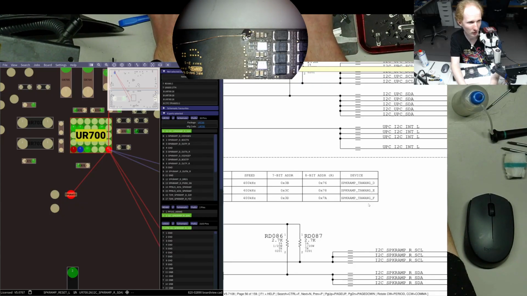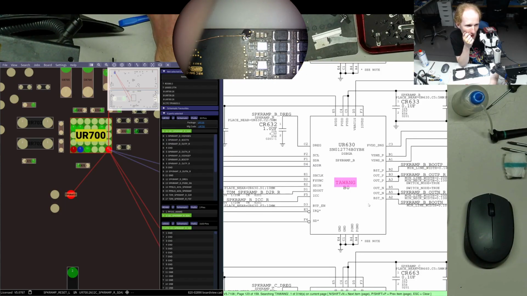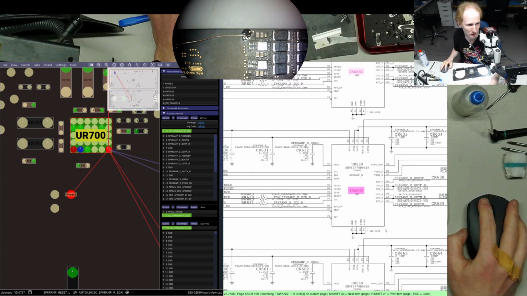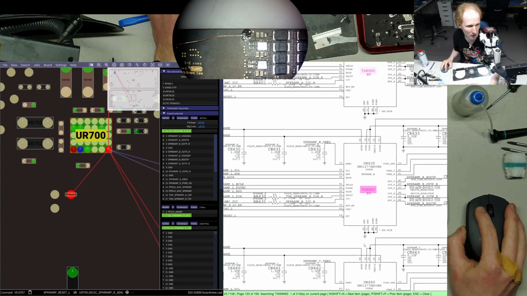Now go figure which one is which on board. So it's definitely gonna be the topmost on the lower, or the lowest one. Okay, Tawang B0. Tawang B0. So there are Tawang B0.